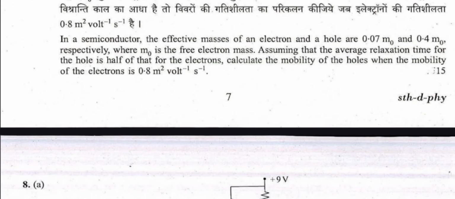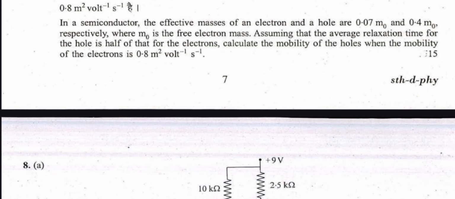Question number 7c. In a semiconductor, the effective masses of an electron and a hole are 0.07 m0 and 0.4 m0 respectively, where m0 is the free electron mass.